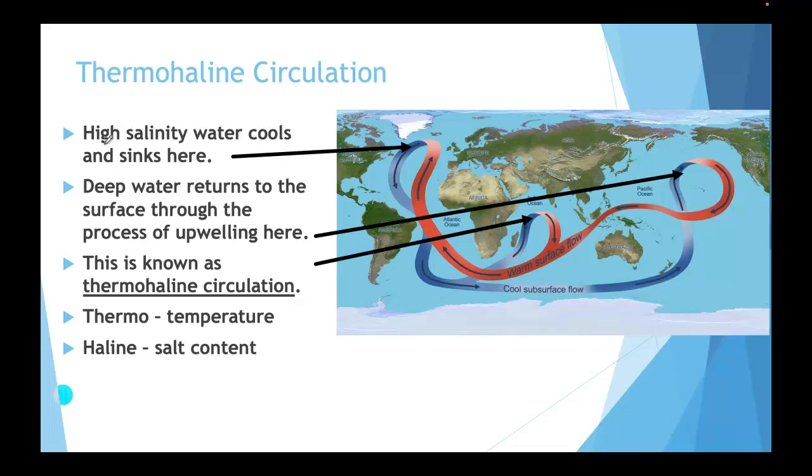So we have high salinity water that cools and sinks up here by Greenland and Iceland, and then the deep water returns to the surface through upwelling here. The question asks, why is it known as thermohaline circulation? It's because the movement is due to changes in temperature and salt content.